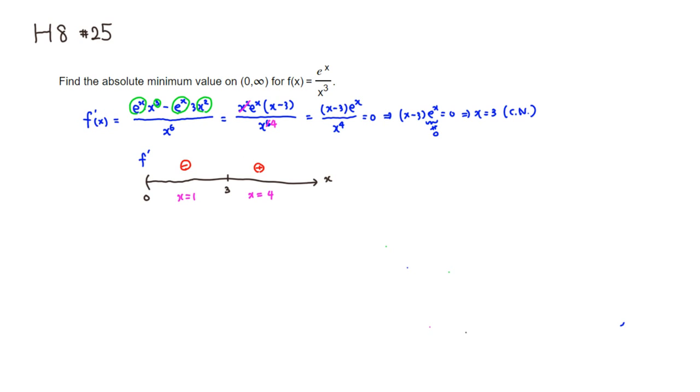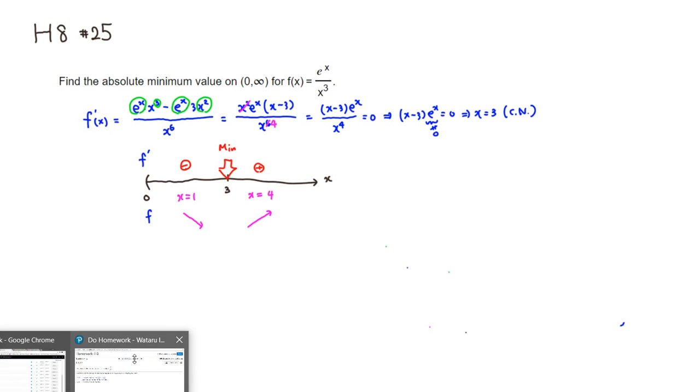Which is a good sign, because if you look at the shape of the original function, it's going to be decreasing in the beginning, and after x equals 3, it's increasing. So you're going to have a minimum value there. Let's type it in.